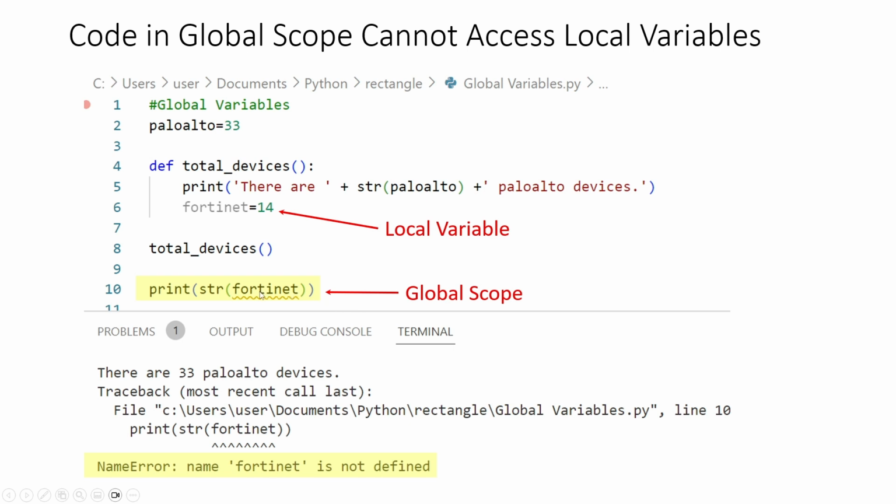What I can't do is access the value Fortinet because it's inside of a function. It's in a different scope. And that's why I'm getting this error. When I try to print this, I see the squiggly lines here saying I'm calling Fortinet globally, but the actual value is stored in the local scope of this function.